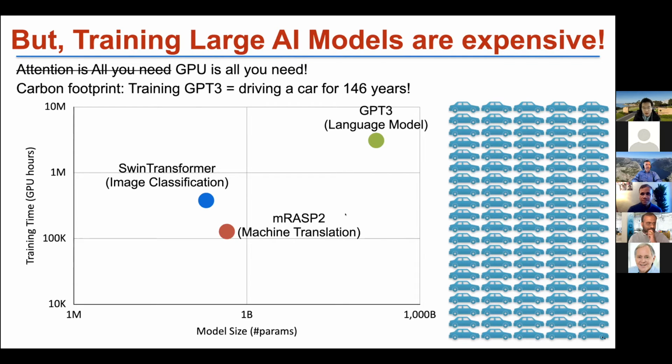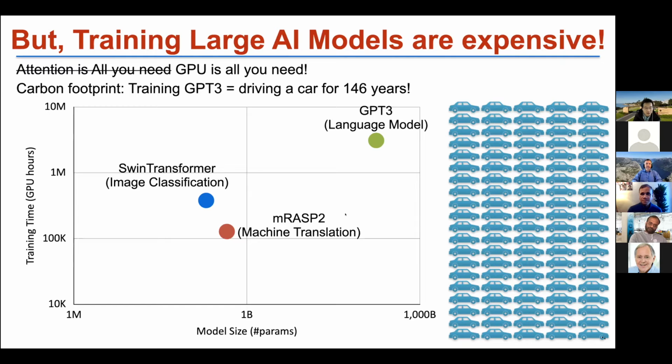And the largest one is GPT-3. Perhaps you have heard of this. This is a language model with close to 500 billion parameters, and you need millions of GPU hours to even train that model.